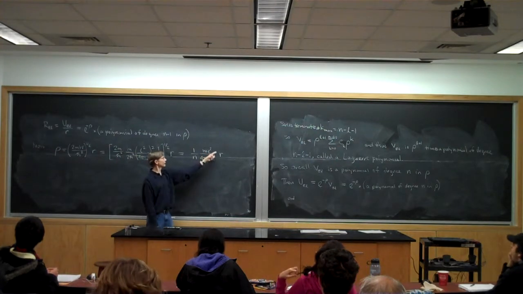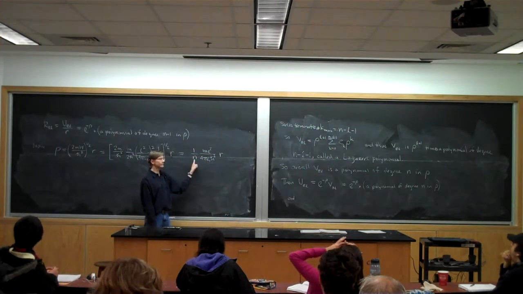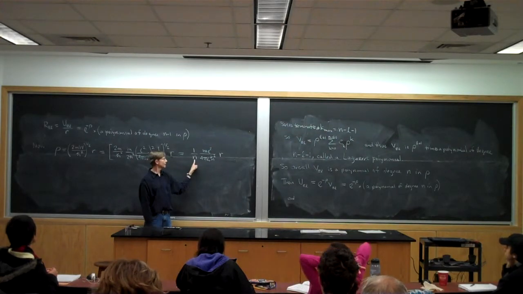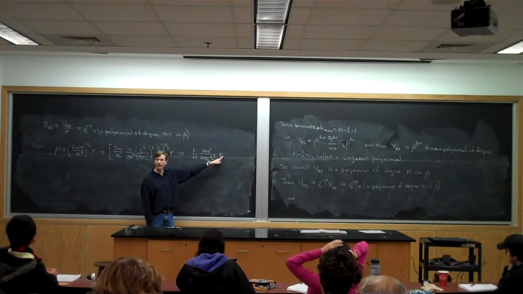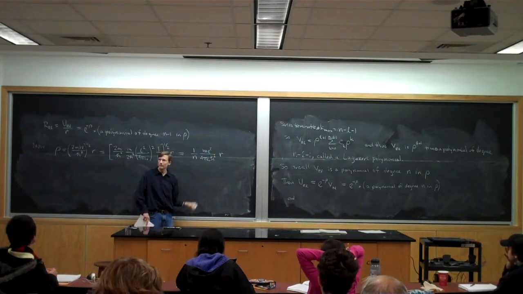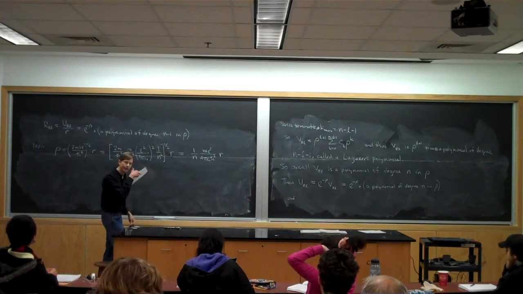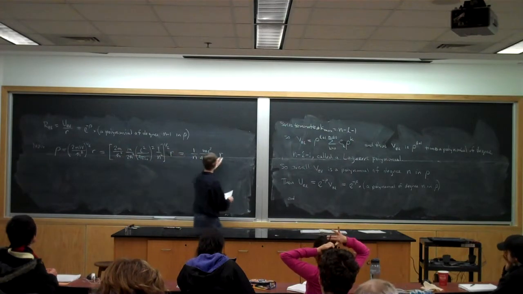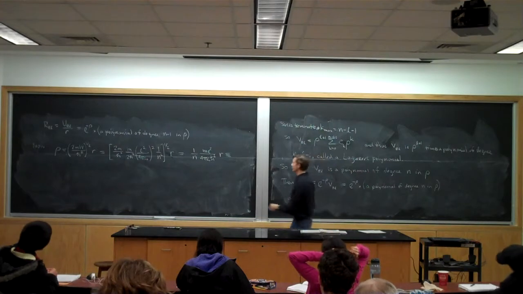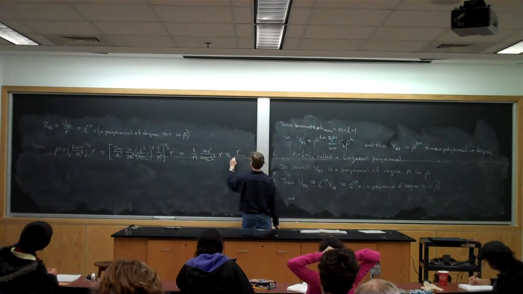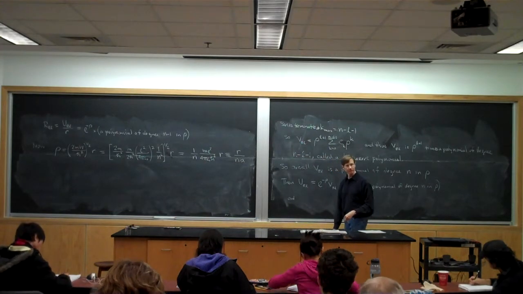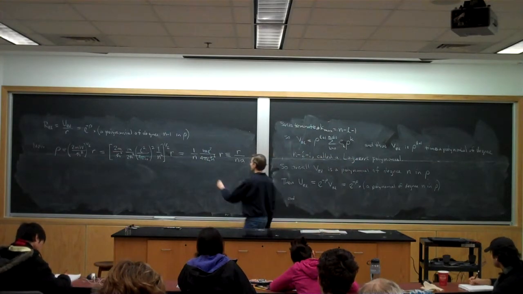What is n? It's an integer, no units. What are the units of r? Length. So what are the units of this quantity? Reciprocal length, and we call that 1 over a. So this is equal, by definition, to r over n a. So 1 over a is this stuff right here.